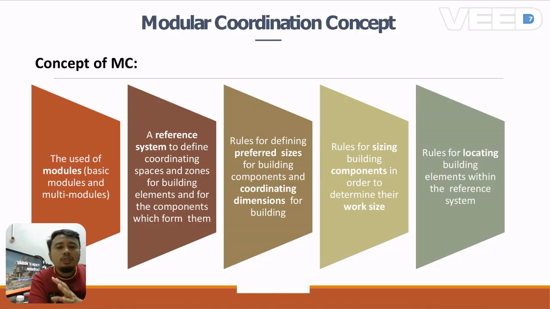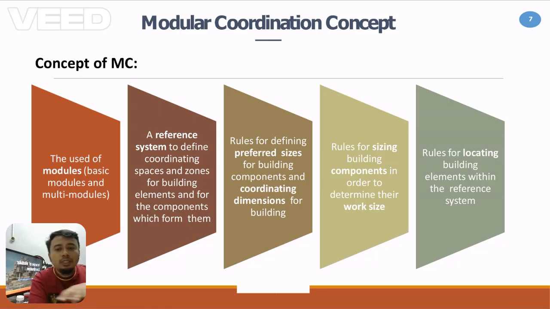So the fourth one is the rules for sizing building components in order to determine their work size. So you have components, but you need to also have their work size. So modular coordination specifies the component including the work sizes. For example, you have a finishing on the surface of the wall.